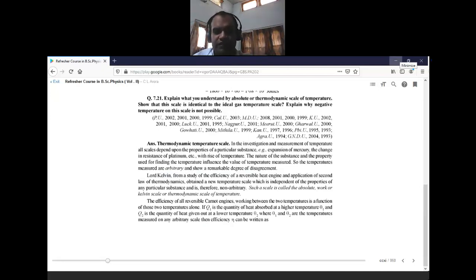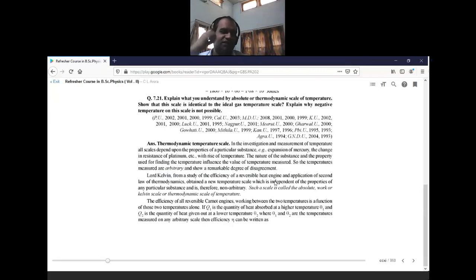Okay, so what Lord Kelvin did, from a study of the efficiency of a reversible heat engine and application of second law of thermodynamics, was obtain a new temperature scale. Kelvin found a new scale of temperature which is independent of the properties of any particular substance.